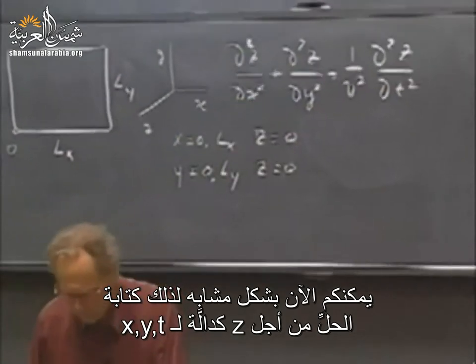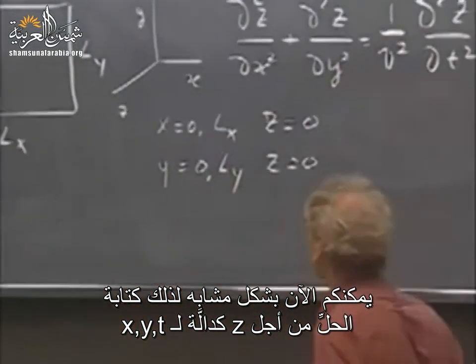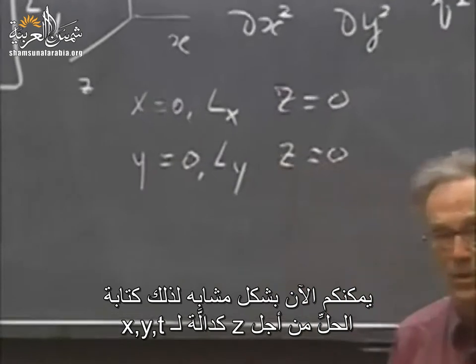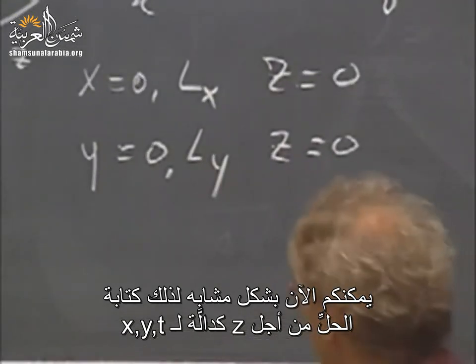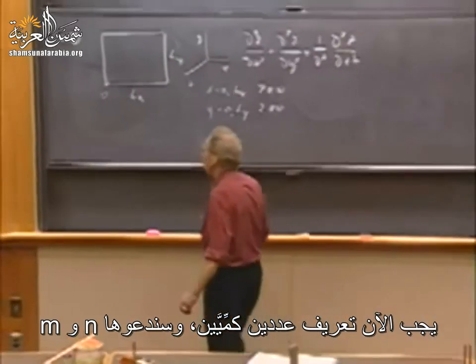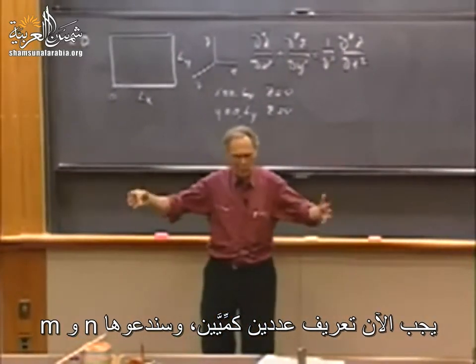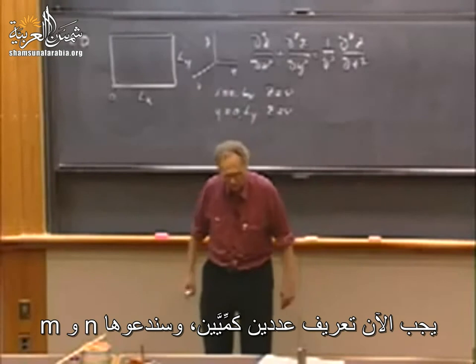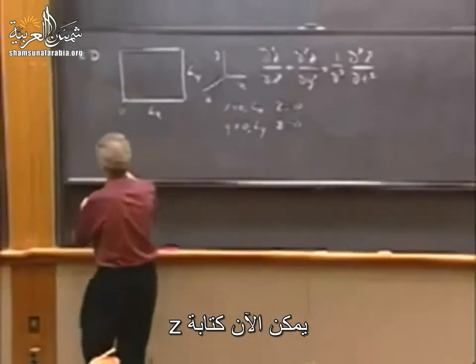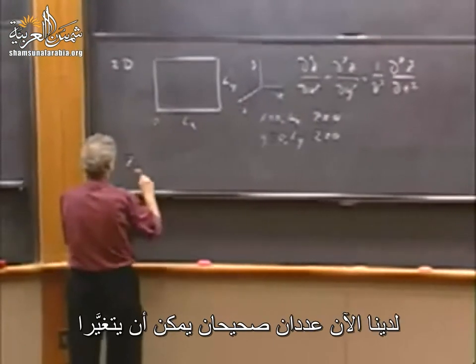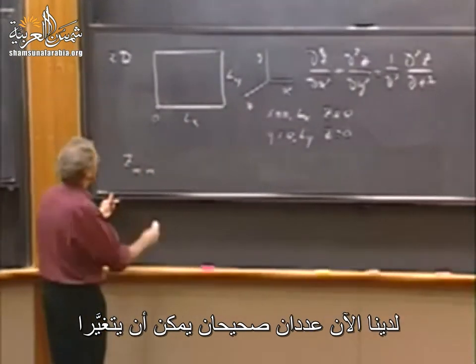Then you can now, in analogy with that, write down the solution for z as a function of x, y, and t. Now you have to introduce two quantum numbers, if I call n Nancy and m Mary, a quantum number. So now you can get z, and now I have two integers that can change.